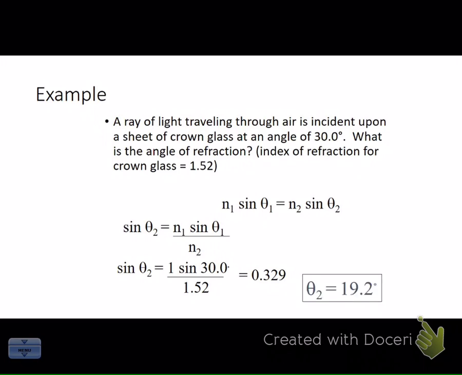Now we have to take the inverse sine of that. So that's just on your calculator, second sine function nowadays. It's pretty simple. And we get an angle of refraction of 19.2 degrees, again, to the normal. And that is a smaller angle than 30, so what that's showing you is the light is bending toward the normal.